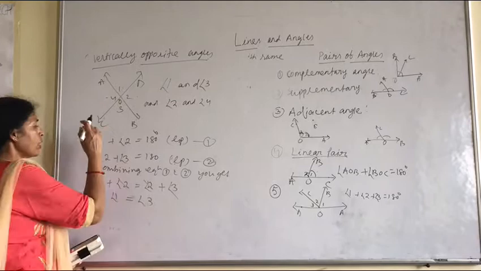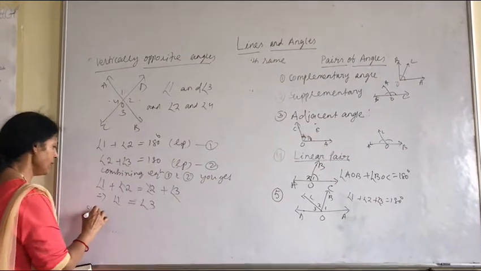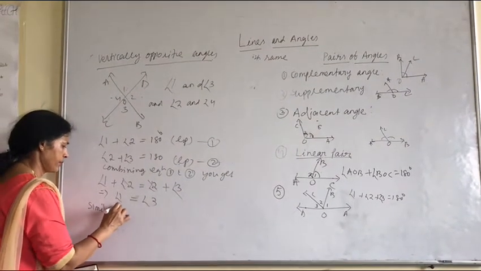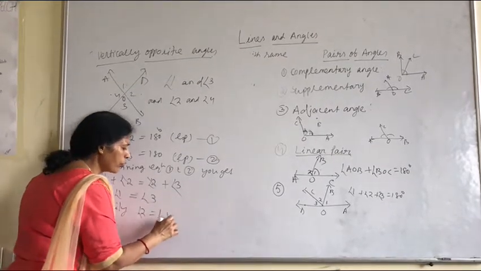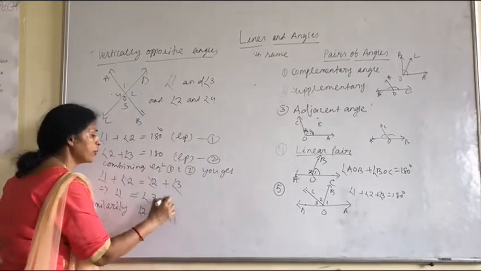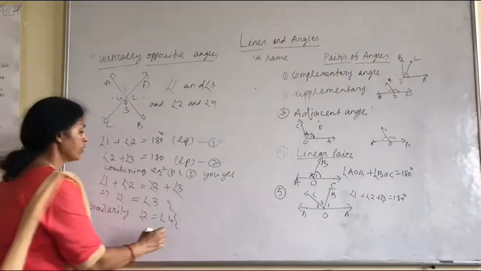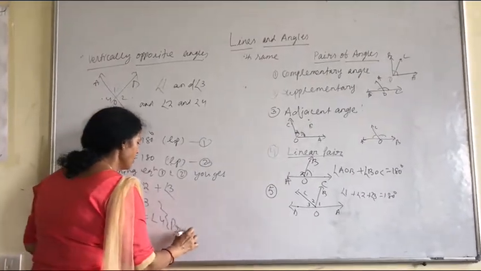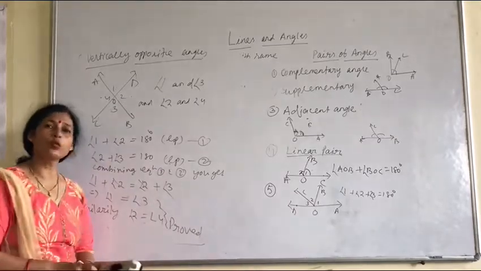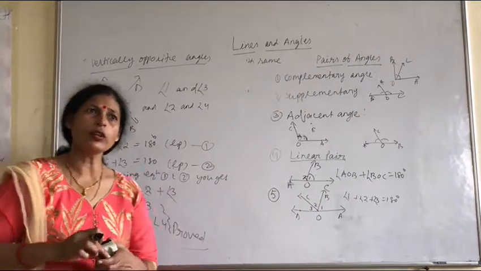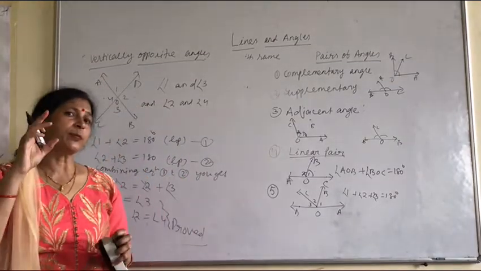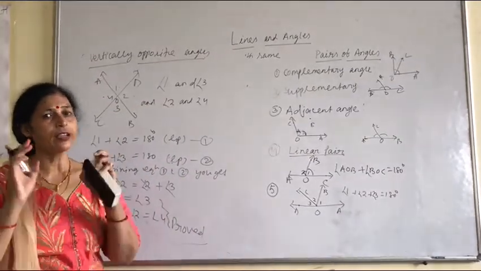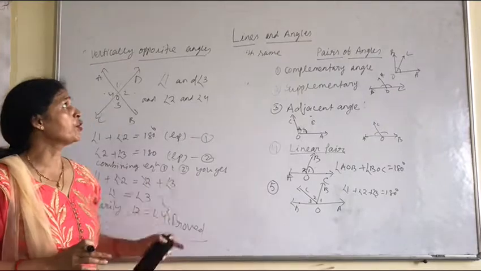Similarly, you can prove angle 2 is equal to angle 4. So vertically opposite angles are equal. Clear? Just remember, if two lines intersect at the point O, then the pairs of vertically opposite angles are equal.